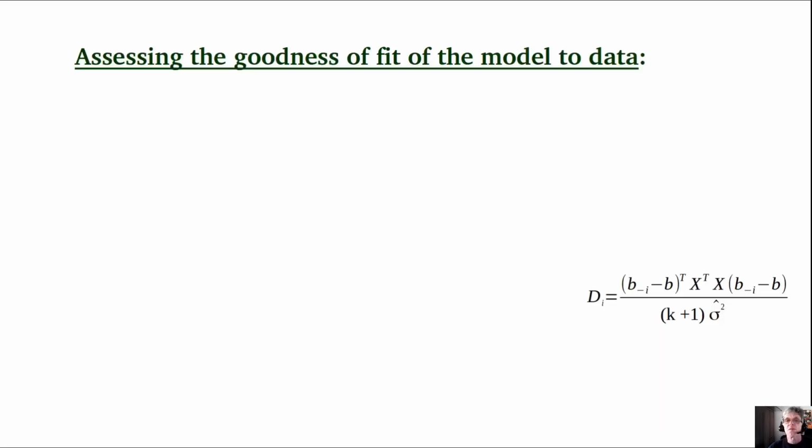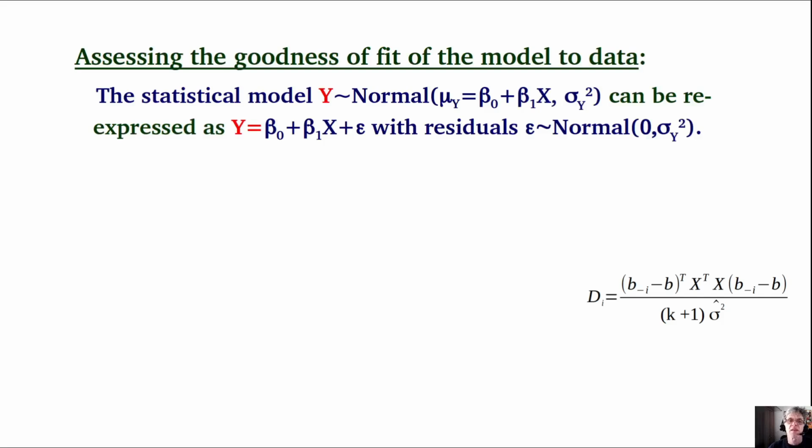So, assessing the goodness of fit of the model to the data. The statistical model that we wrote in this way can be re-expressed in the following manner, with the residuals now expected to have a normal distribution with a mean of 0, because the mean is absorbed by the fitted relation, and a variance sigma squared.